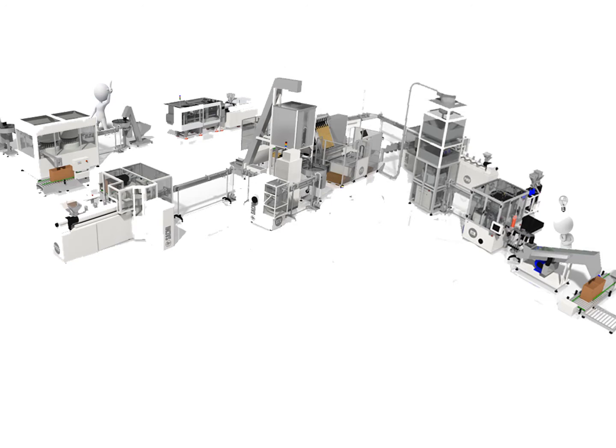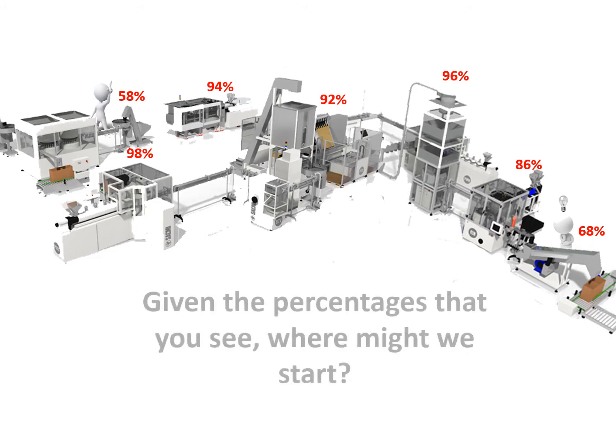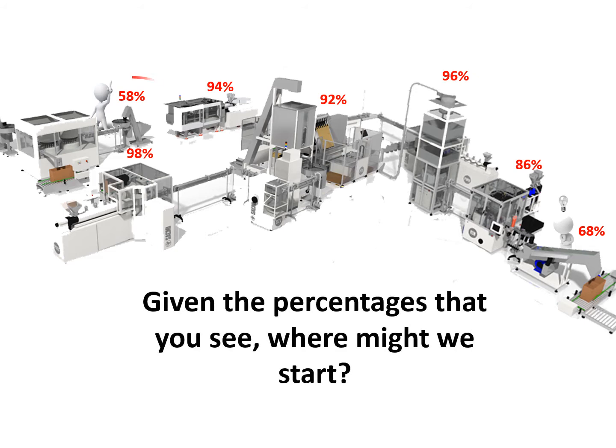The first step would be to gather data and to calculate OEE for each of the key workstations. We could then compare the OEE percentages to see if there appears to be a bottleneck operation. Looking at the OEE percentages shown here, which workstations might be of concern? You probably chose the aerator station to the left with its OEE of 58%, and the conveyor station to the right with its 68%.